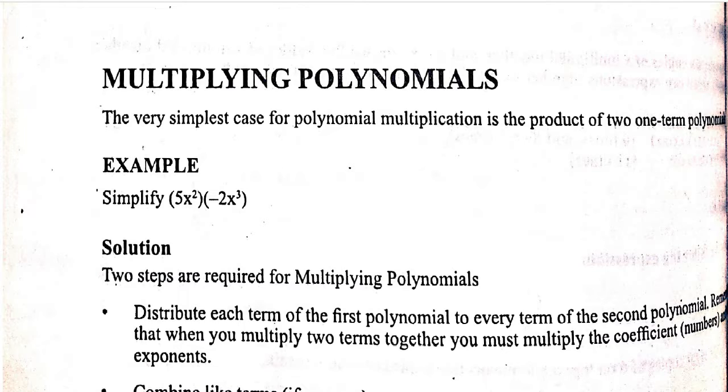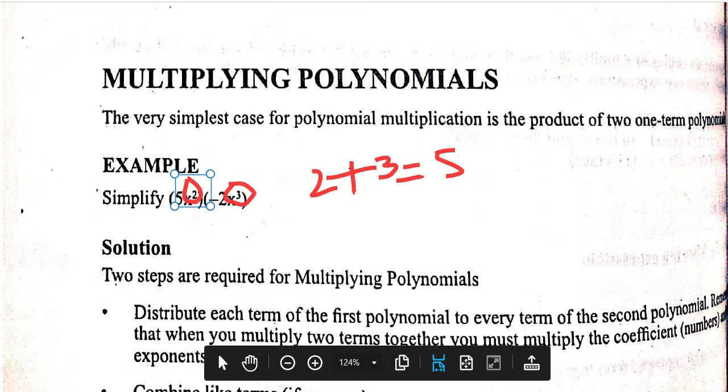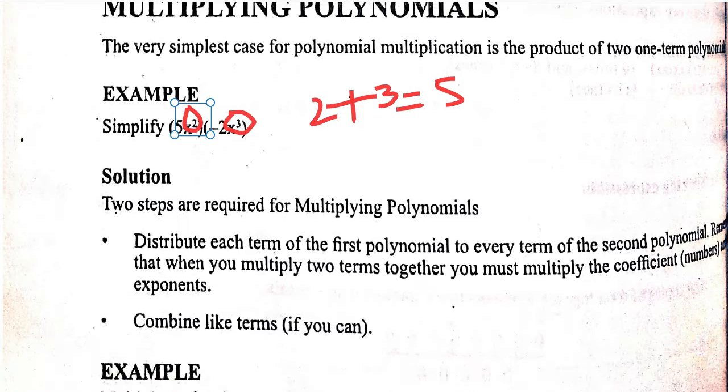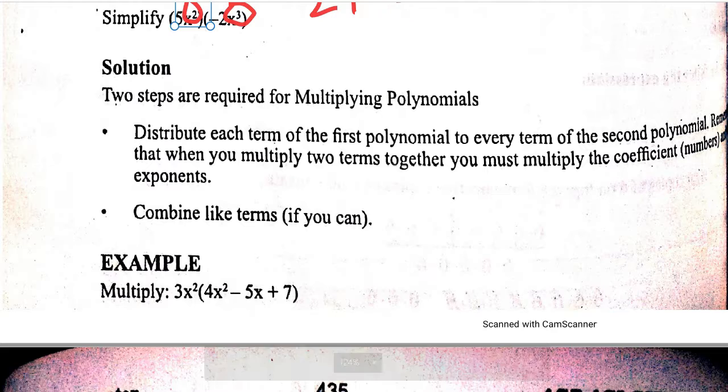After multiplication their powers will be added, so 2 plus 3 will be equal to 5. So in multiplication of polynomials, powers of the same base are added up. So this is the solution of the previous question.